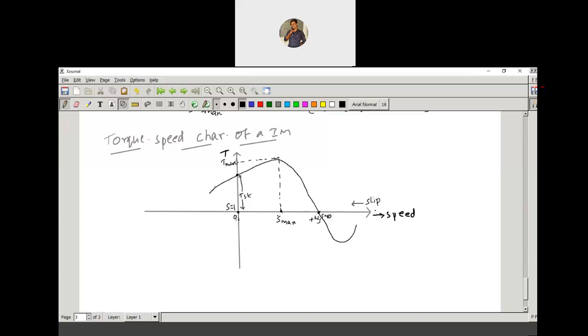Now at this point, for example, the speed Nr equals minus Ns. Now tell me what is the value of slip here? Anybody, could you answer me? The speed Nr equals minus Ns. What is the slip value?